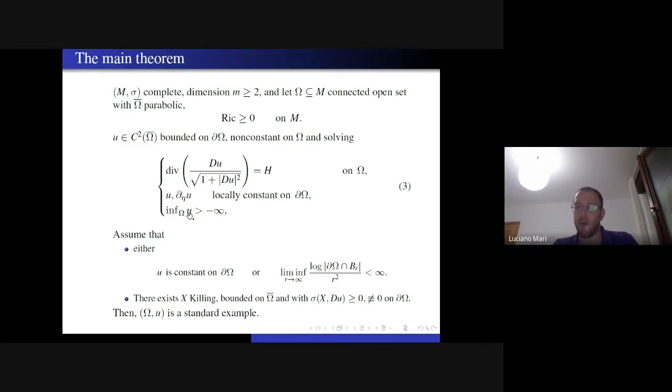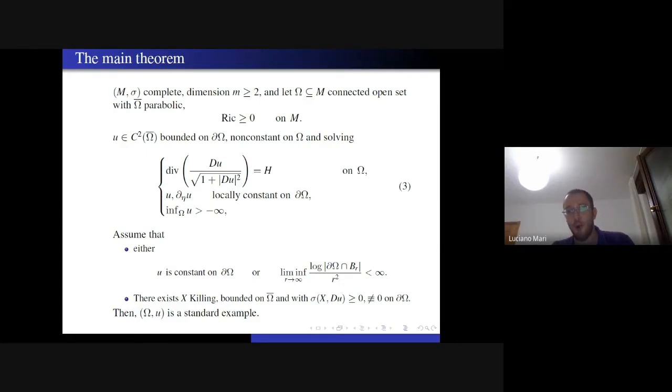So a solution that is bounded from below with a reasonable boundary condition has bounded gradient. If it has bounded gradient, since the Killing field is bounded, one can prove using the parabolicity of the manifold. The parabolicity of the manifold reflects into the parabolicity of the graph, and this relation can be shown to imply that X grad u is positive on the entire omega.